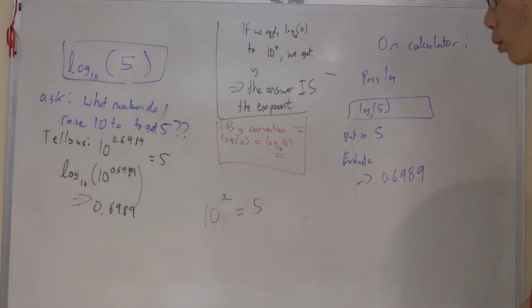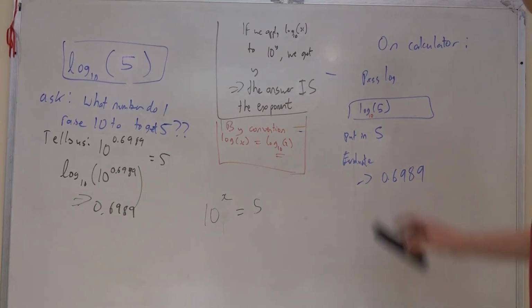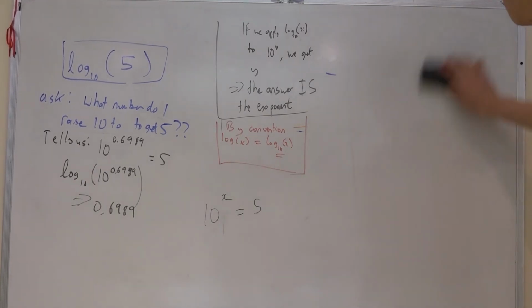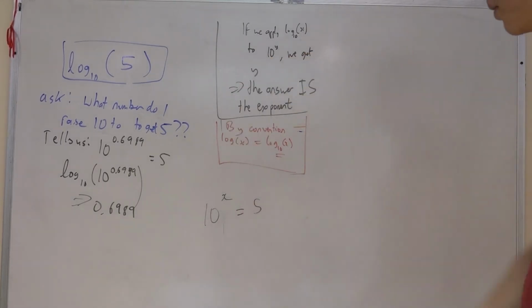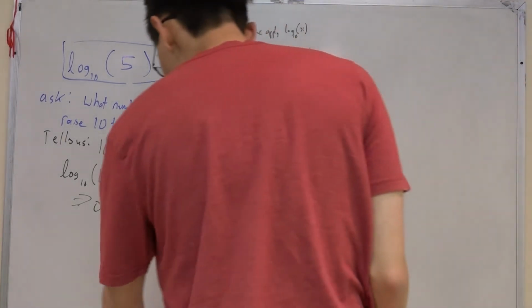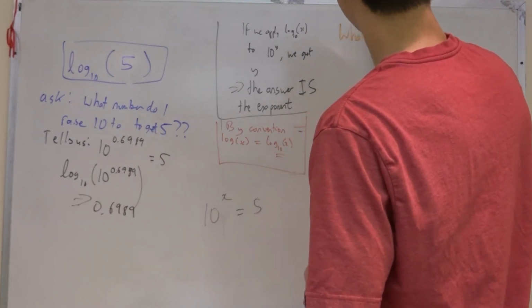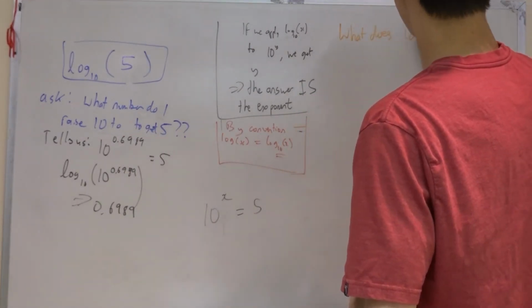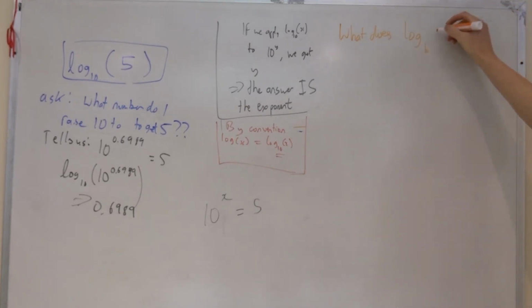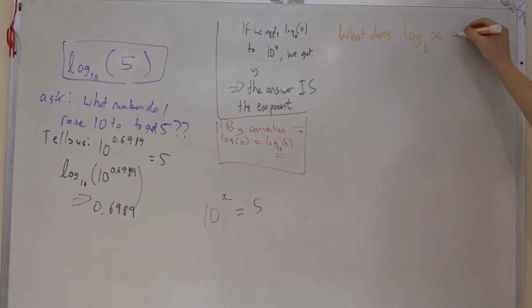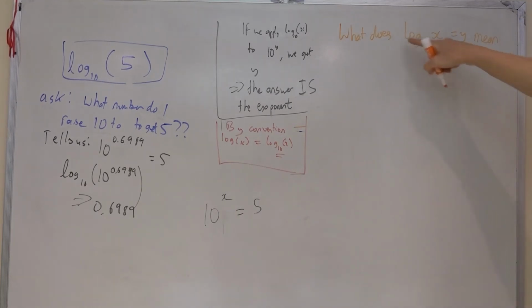Alright, we are ready to tackle this in its full generality. Just by paralleling this example, the question we're trying to answer is, what does log base b of x mean? y equals log base b of x. That was the function we kept getting in the previous examples, and now we're trying to evaluate it.